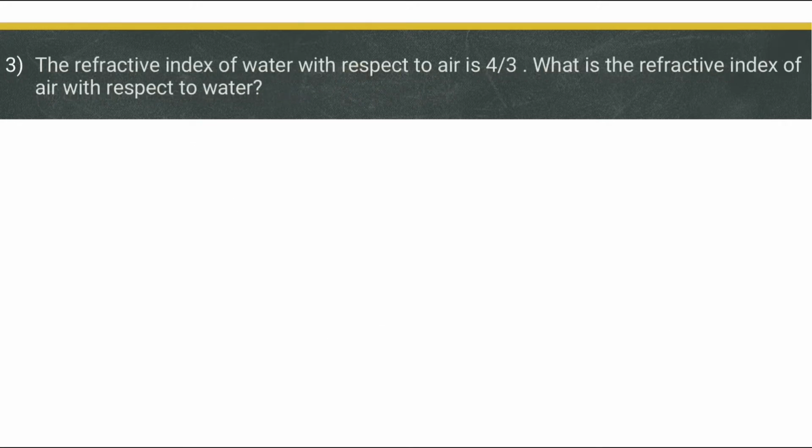Third numerical. The refractive index of water with respect to air is 4 by 3. What is the refractive index of air with respect to water? Refractive index of air with respect to water we want to find out. So here we can use the principle of reversibility.